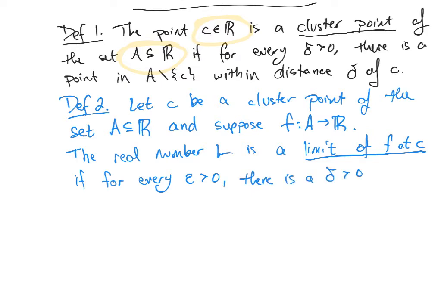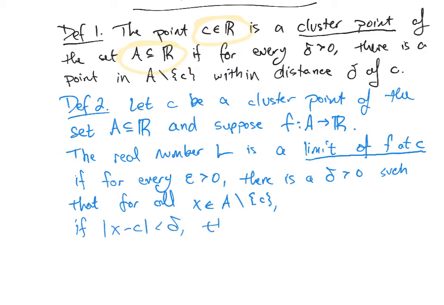That's how close we get to our point C in the domain, such that for all x that are in A but not equal to C, if x is within delta of C, then f of x is within epsilon of L.